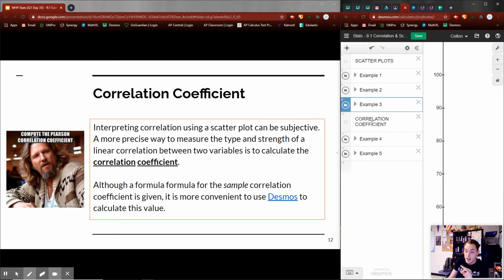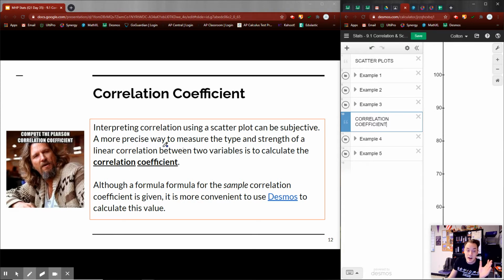As you can see here, I will be using Desmos to calculate this number. So now here's where the actual math comes in, where we're going to be using Desmos to find a certain number. But it is so simple. It is so easy. Literally, I think a caveman can do it because it's just that simple.